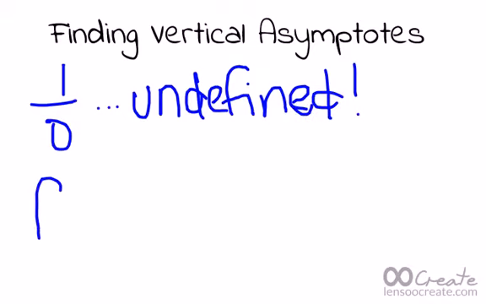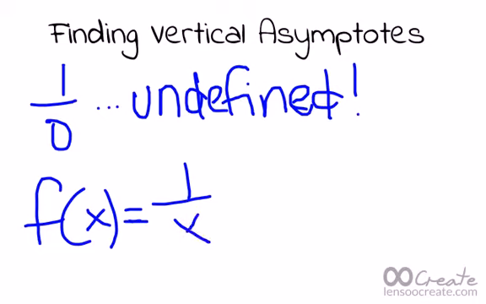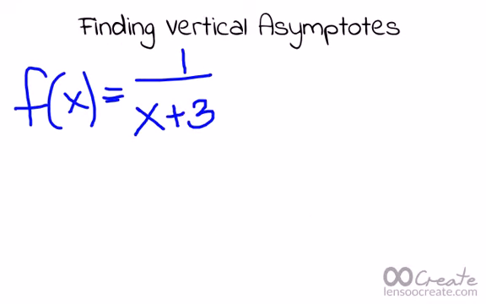So in my last function, it was f of x is equal to 1 over x. If I put 0 as my x value, it would give me 0 in the denominator. So for this function, x cannot equal 0. So if this is my rational function, I'll have a vertical asymptote when I have 0 in the denominator. So what value of x will give me 0 in the denominator?